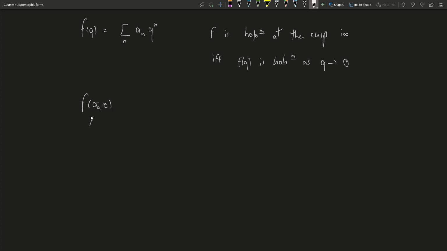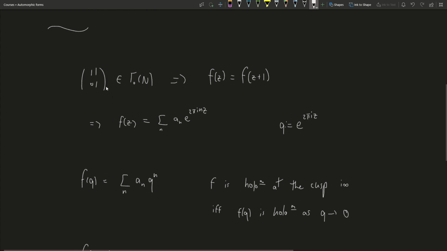So here this is going to be a scaling matrix. These were defined previously. And using the same sort of reasoning as above, here we said that this matrix was in gamma naught n.